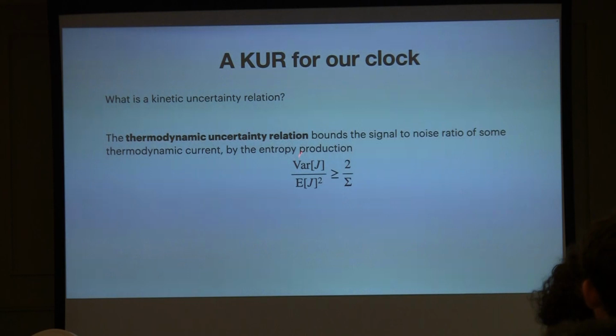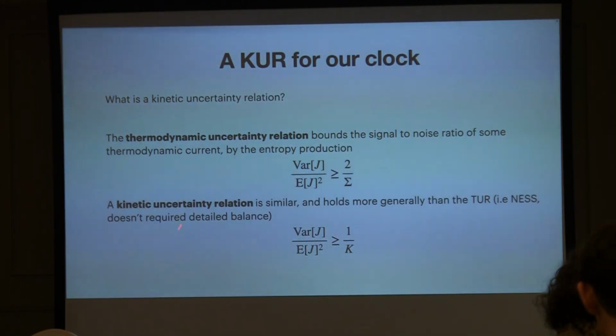Basically, the thermodynamic uncertainty relation allows you to put a bound on the signal-to-noise ratio by the entropy production. It's quite nice. They've been extended to quantum systems as well. This is what you would see in classical systems. But the kinetic uncertainty relation is something very similar, but it holds more generally because it holds in non-equilibrium steady state, and it also doesn't require detailed balance, which is an essential assumption for entropy production.